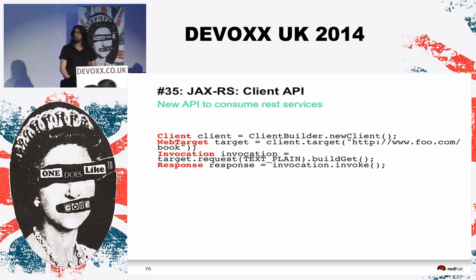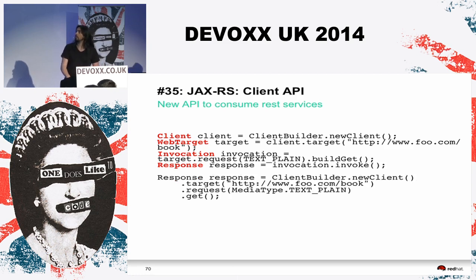And the good thing is you can write exactly the same thing with one line of code. So you can go client builder dot new client dot target this URI dot requests a MIME type dot get, and that returns a response.